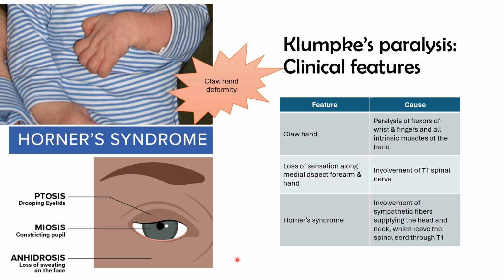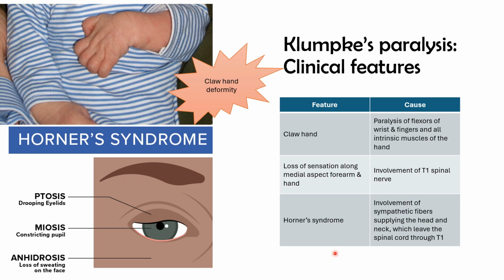That is mainly because the intrinsic muscles are supplied by the ulnar nerve and partly by the median nerve, and the flexors of the wrist and fingers, which go from the forearm, are supplied by the median nerve. There is loss of sensation along the medial aspect of forearm and hand because of the involvement of T1 spinal nerve, which are carried by the medial cutaneous nerve of forearm as well as the ulnar nerve, which also gives sensory supply to the medial aspect of the hand.